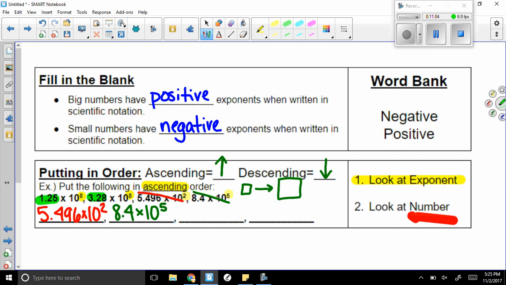I'm moving on to the numbers 1.25 and 3.28. Well, I know that 1.25 is less than 3.28, so I'm going to use that one next. Use it, cross it off, and that leaves that 3.28 last.